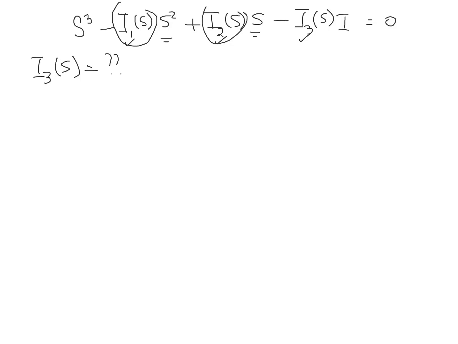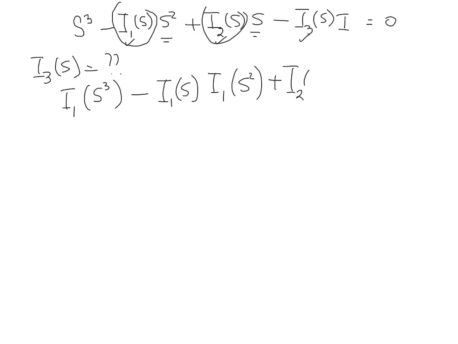So taking the trace of all the terms, the trace is the first invariant. So first invariant of S cubed minus, you write this first invariant because you can't take the trace of that. Then you now take the trace, which is the first invariant of S squared, plus, you can't take a trace of this because it's a scalar.